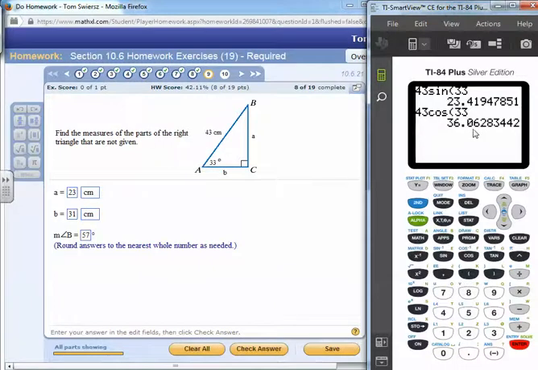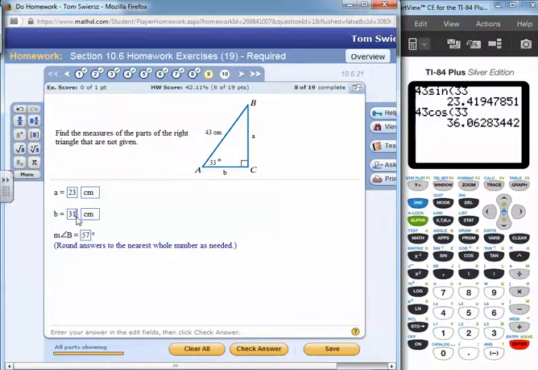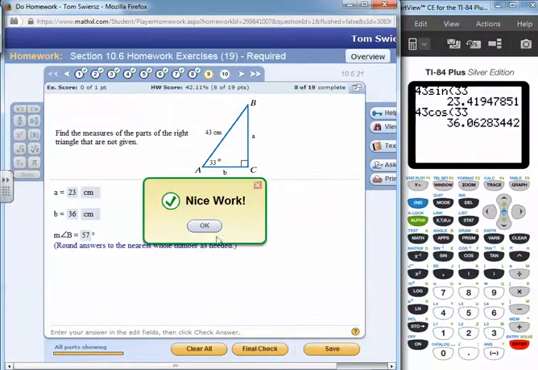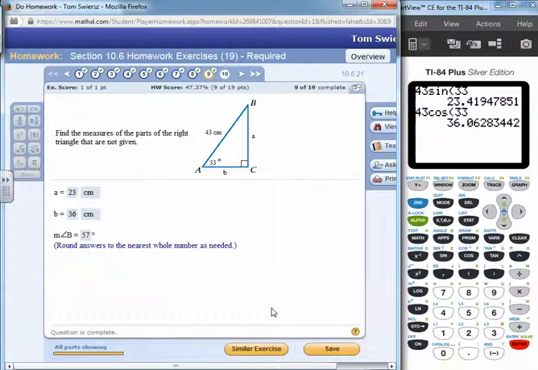I put in a wrong number, 36.06. So there's my mistake, 36. I guess I put in a wrong number. All right, there it is.